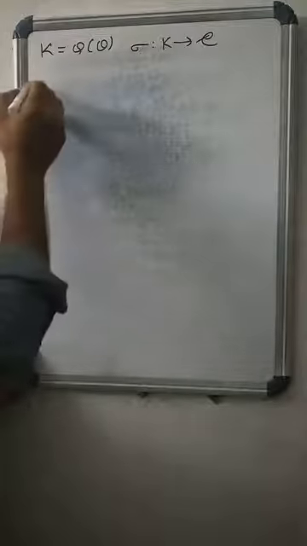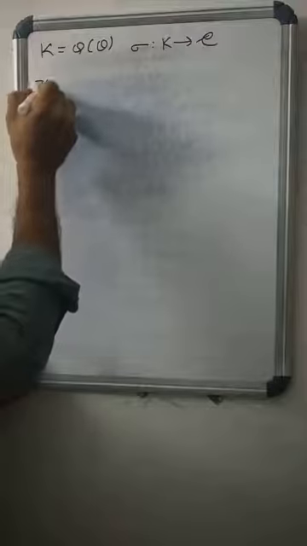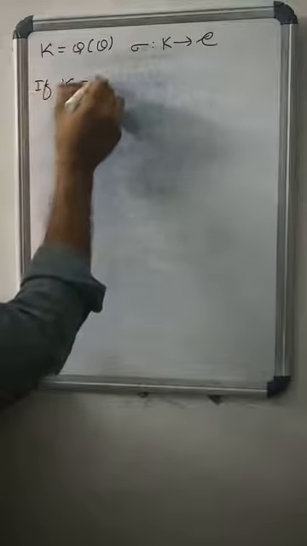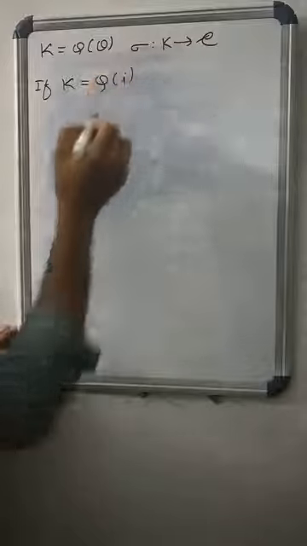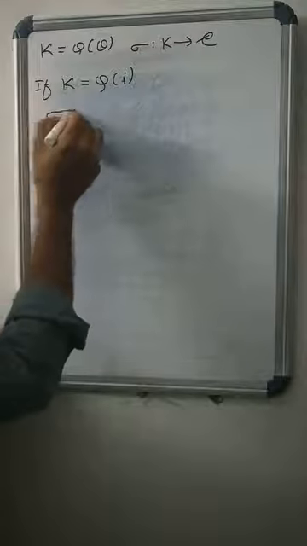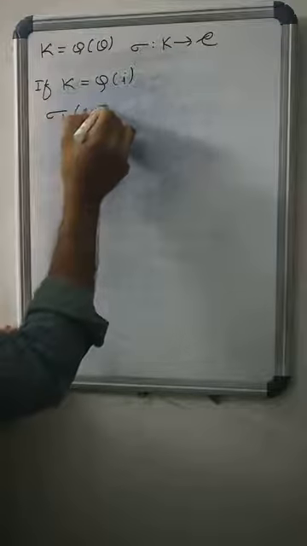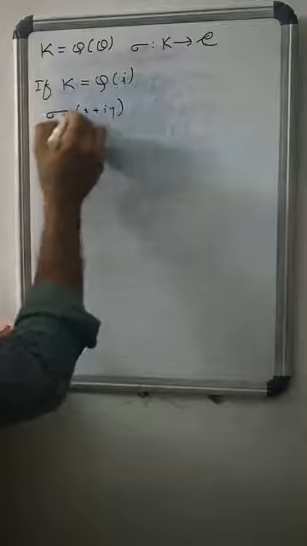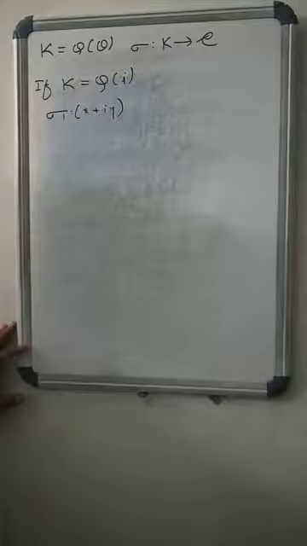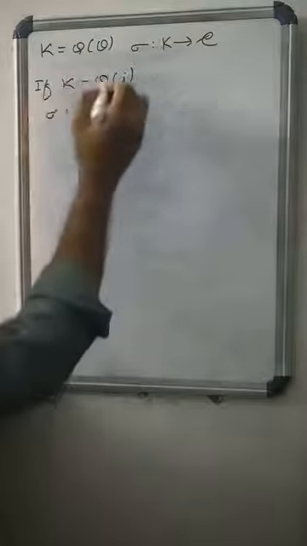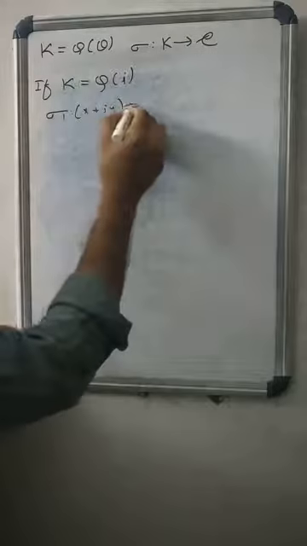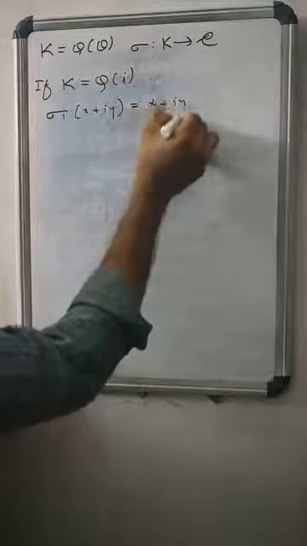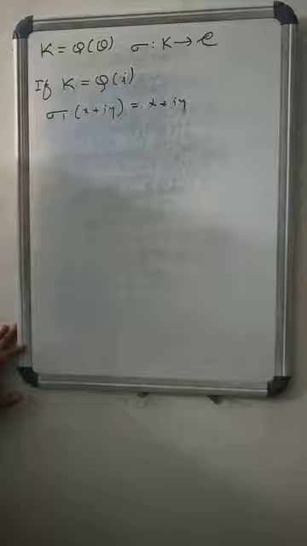For example, if K equals Q(i), then you define the first monomorphism, sigma 1, from K to C: sigma 1 of x plus iy equals x plus iy. That is one of the monomorphisms.